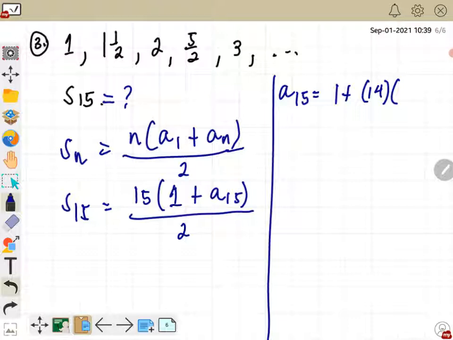From 1 to 1 and 1/2, from 1 and 1/2 to 2, from 2 to 5/2, from 2 and 1/2 to 3, that's 1/2. So we have 1 plus 1/2 of 14, which is 7, so that makes 8. So our 15th term is 8.